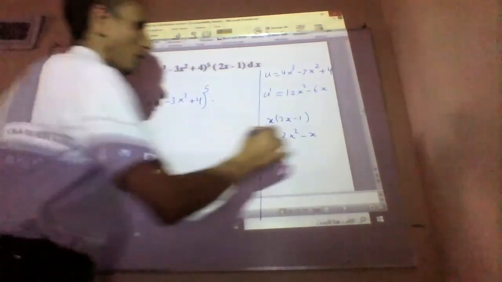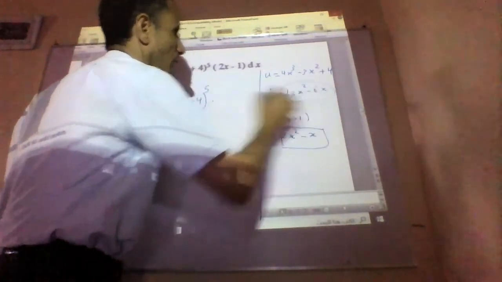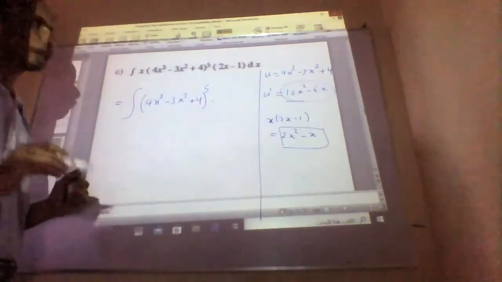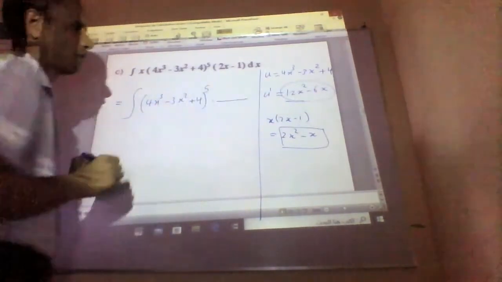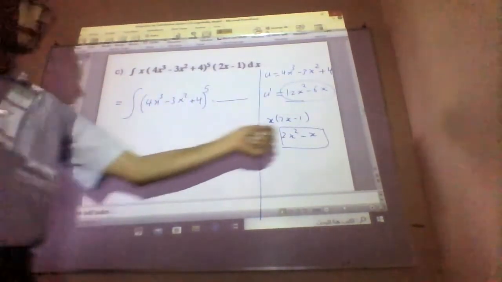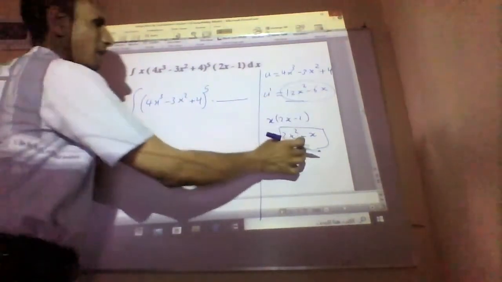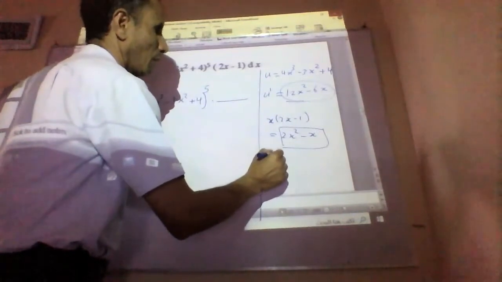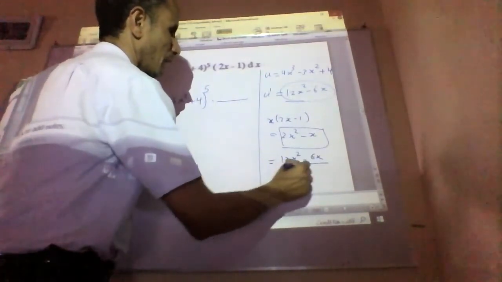Look at this function and at u dash. 12x power 2 minus 6x is the same after multiplying this function by 6. So we will write it in the form 12x power 2 minus 6x divided by 6.